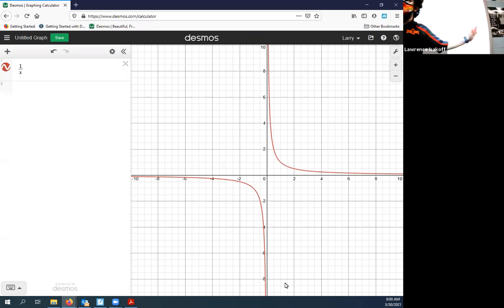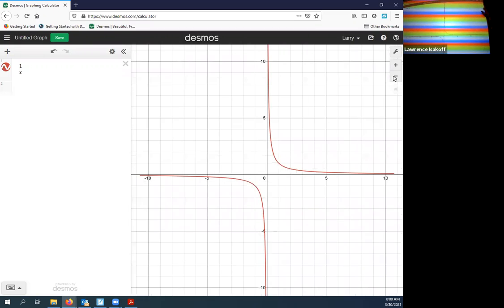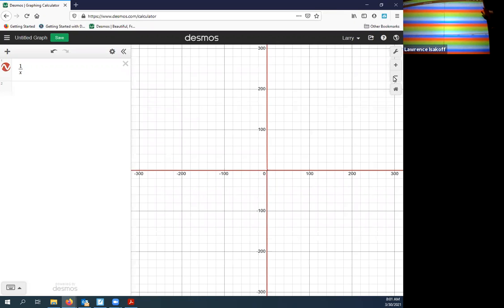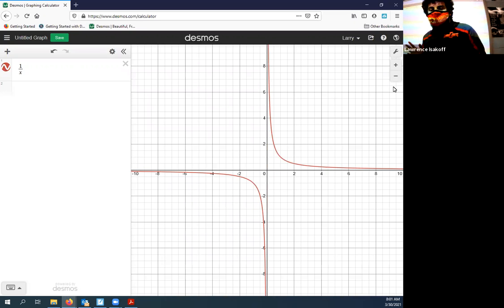So it never looks like it actually crosses the y-axis. That's an asymptote. The x-axis is also an asymptote here. Again, it looks like it's going really close to it, but no matter how much I zoom out, it doesn't look like it ever actually crosses my x or y axis, right? So that's the general idea of an asymptote.